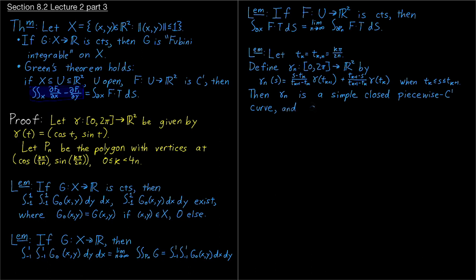And the boundary of your polygon Pn is the image of gamma n. So this is just, I'll go ahead and tell you how to parameterize the boundary of the polygons we're going to work with.